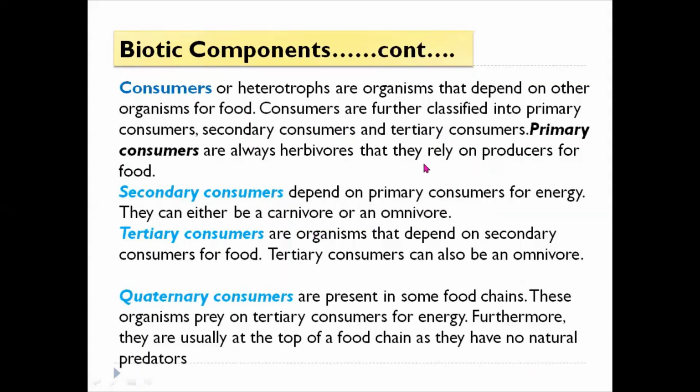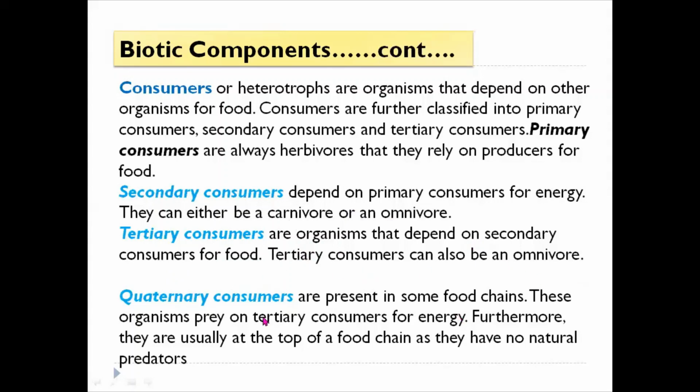वो जो थे, they were herbivorous, and they were eating the plants, directly grass or the plant. The secondary consumers are called carnivorous or omnivorous. Carnivorous means they eat the meat or flesh of others. Tertiary consumers are organisms that depend on secondary consumers for food. So tertiary consumers can also be omnivorous.